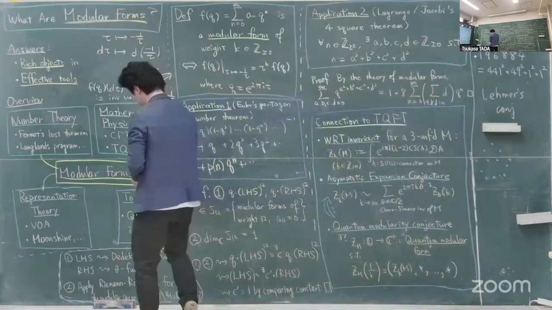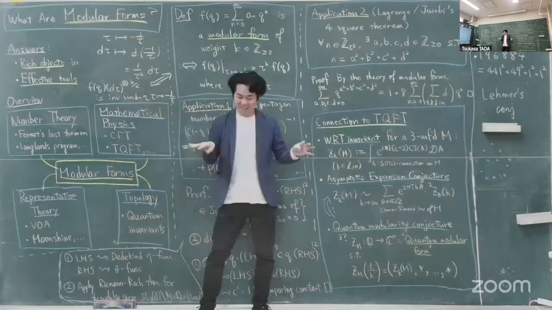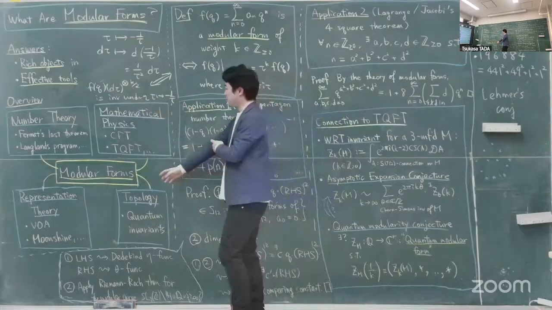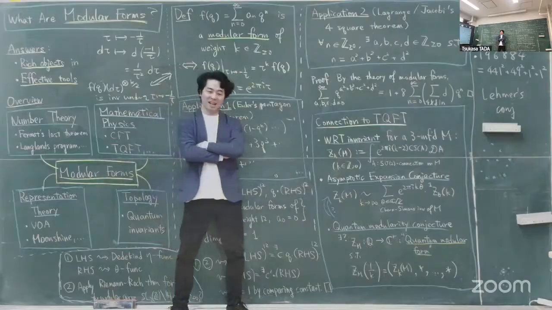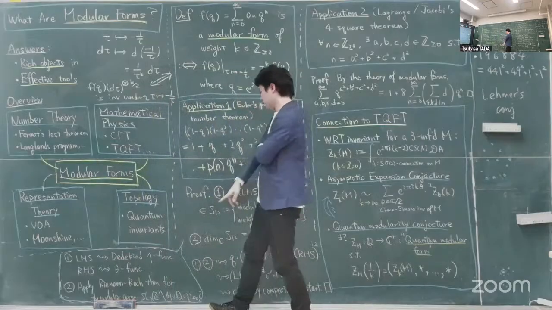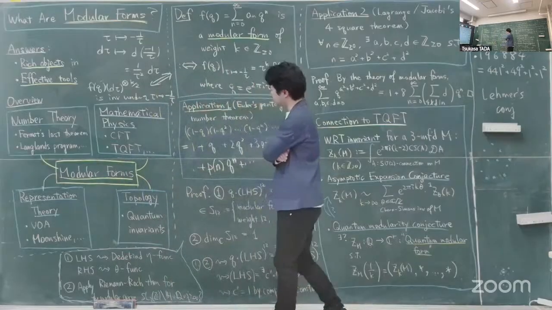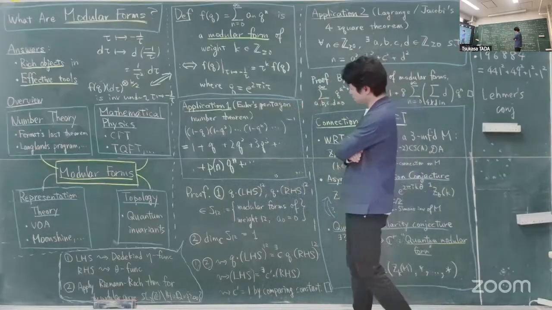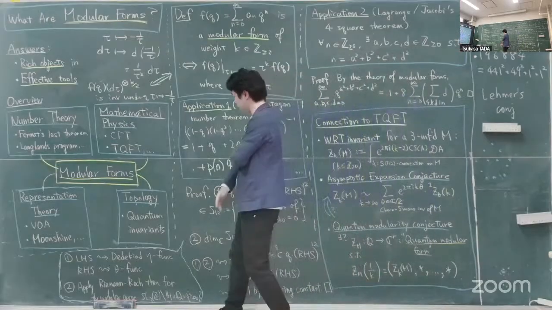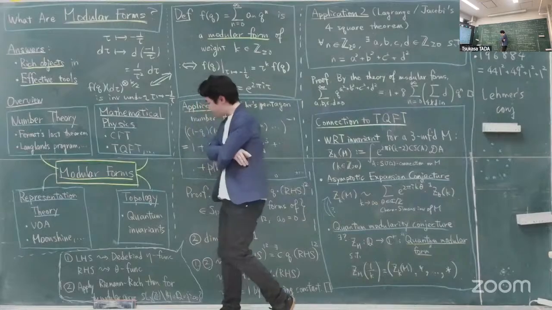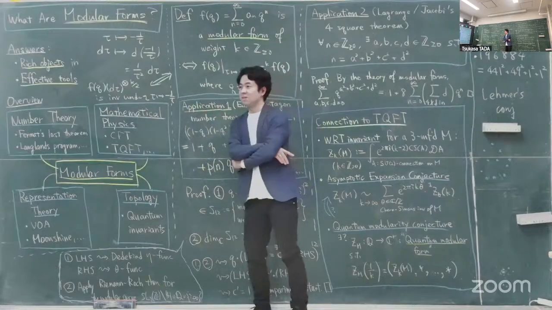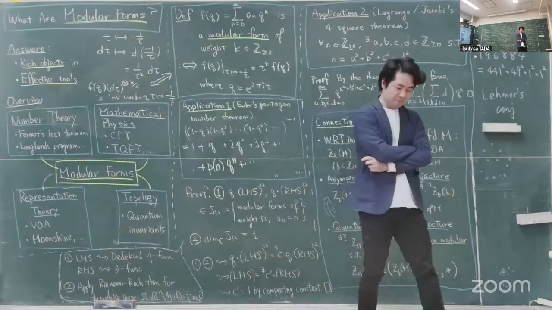And the relation to representation theory, I'm not familiar with this, so I have no idea. And the relation to topology is also, this also relates to SL2. So that's why modular forms appear.